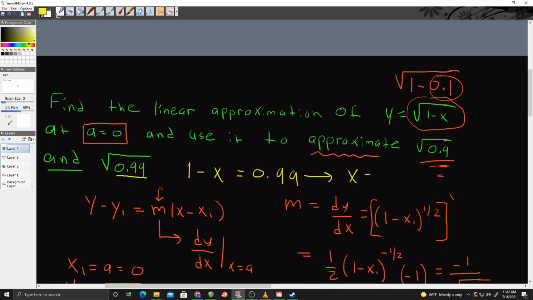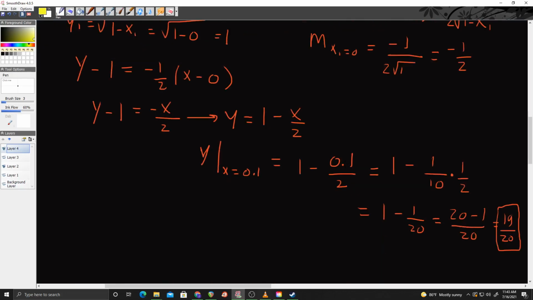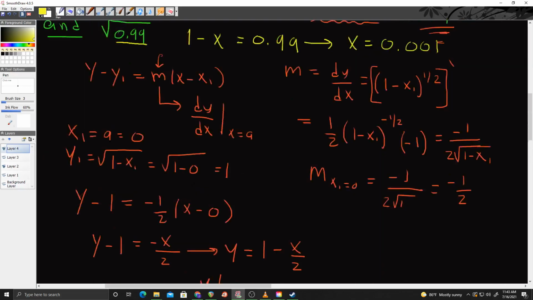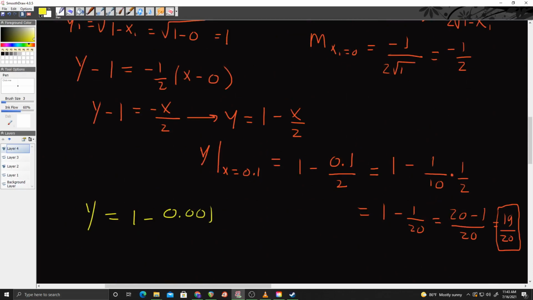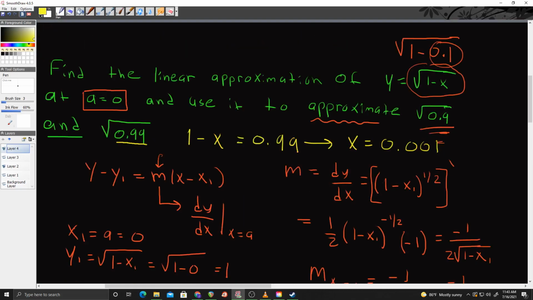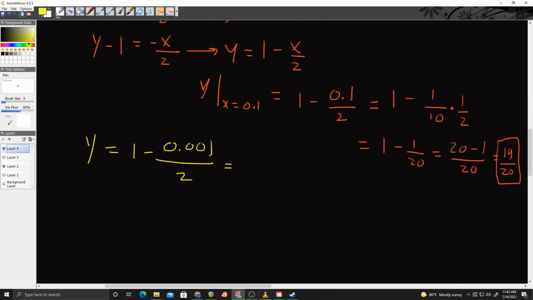If we do that, we get x equals 1 minus 0.99, which is 0.01. I put an extra 0 there at first. Sorry about that, everybody.